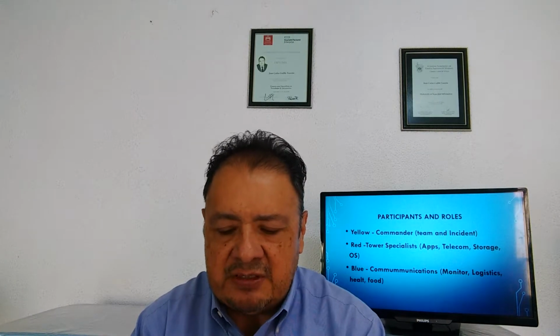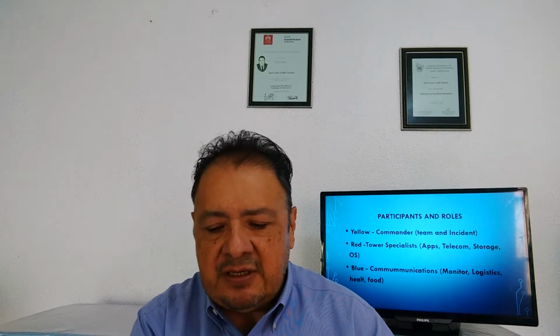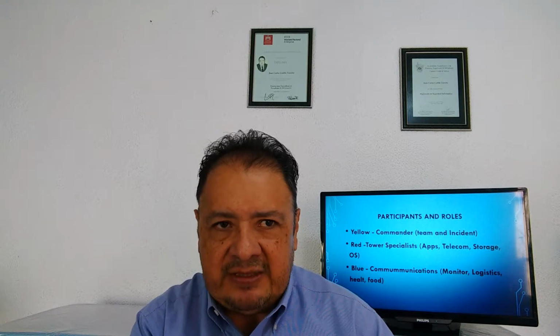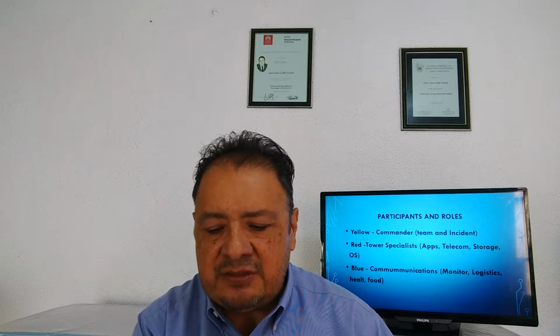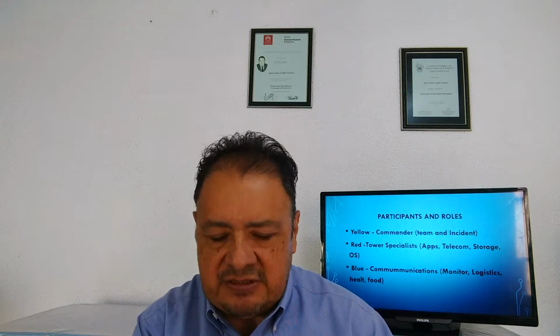The team command, which is the maximum authority in the SWAT team, responsible for the whole area. It could be the IT technical support manager. And the incident commander, that could be the chief lead of the tower that is having the most exposure, or the one that the commander assigns and determines to act as commander of the incident.